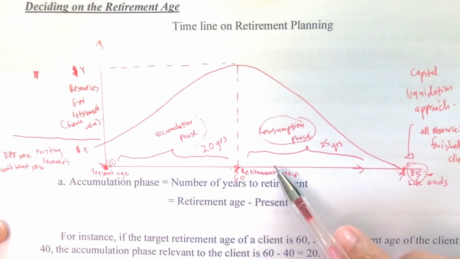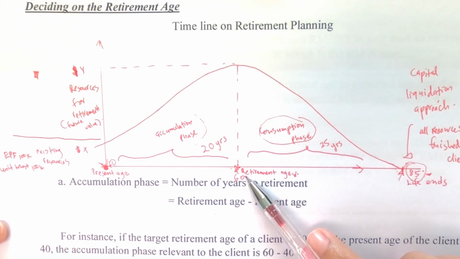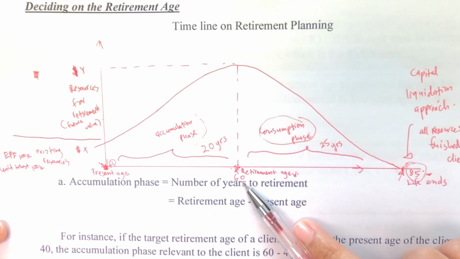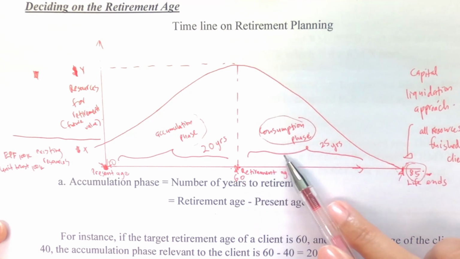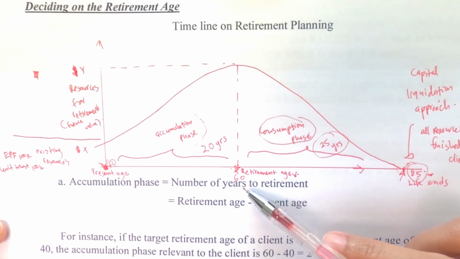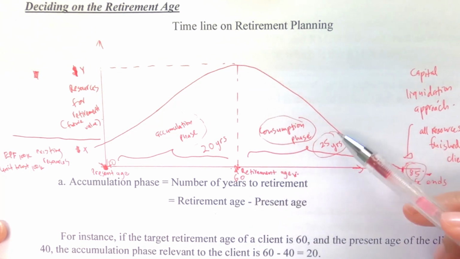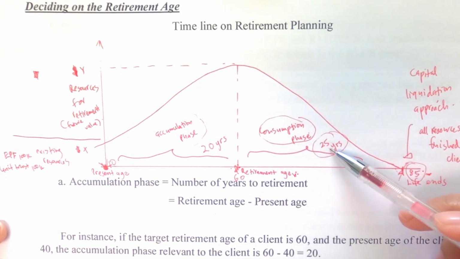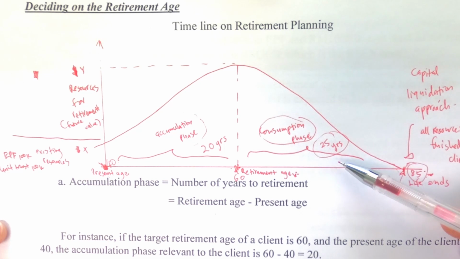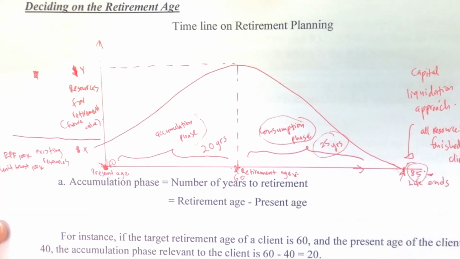Therefore, the consumption phase is 85 minus 60, and we get that the consumption phase is equivalent to 25 years. It means the life end of 85 minus the retirement age of 60 gives 25. And this is very subjective. Let's say the client lives longer than that, then surely the consumption phase is much higher.